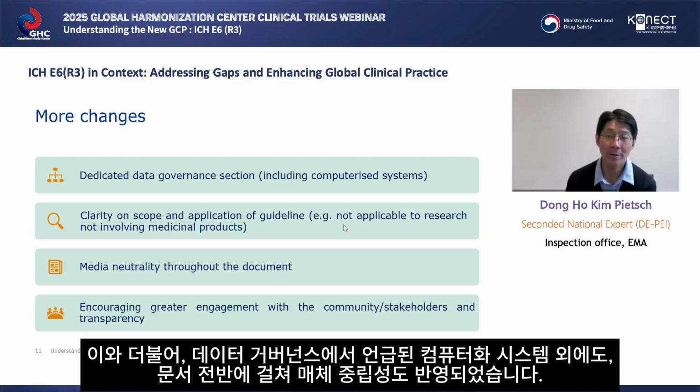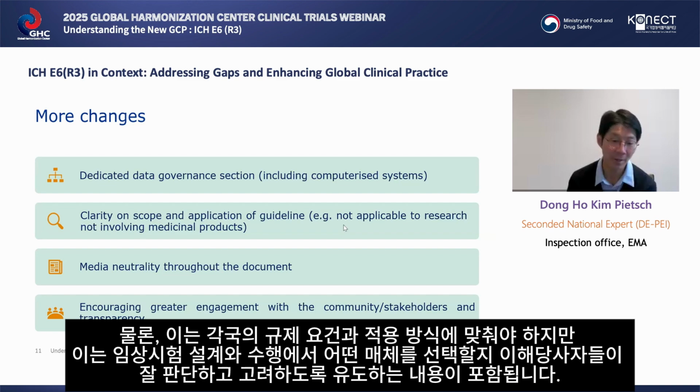And after mentioning computerized systems and data governance, the group also embraced media neutrality throughout the document.